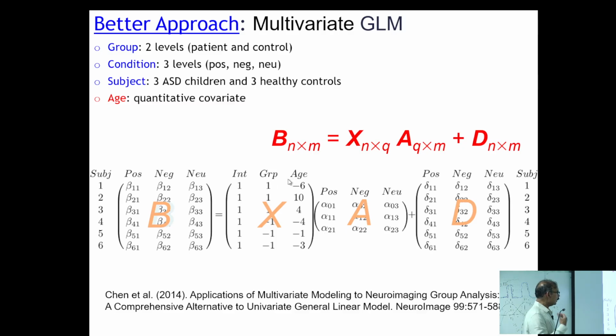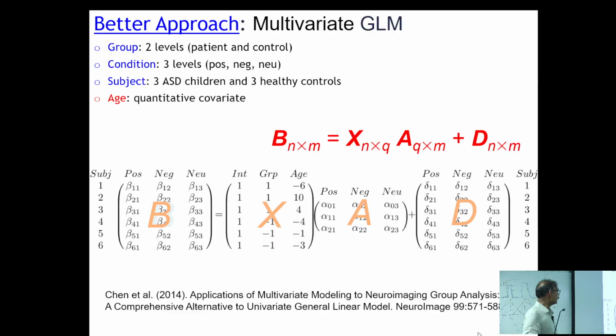So by doing this, you can model all the variables for every subject. And then when you compute the statistics, this will be much better than simply doing the t-test, right?